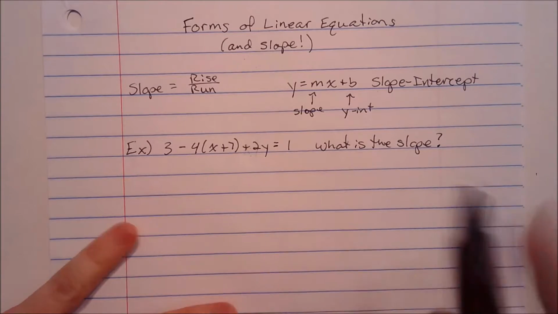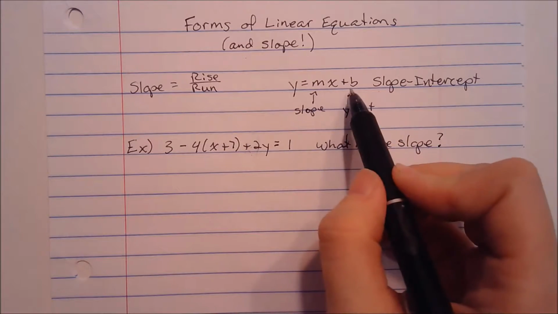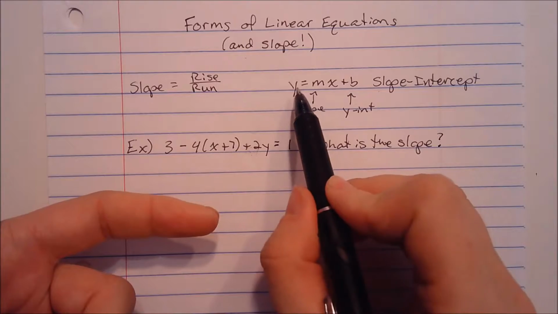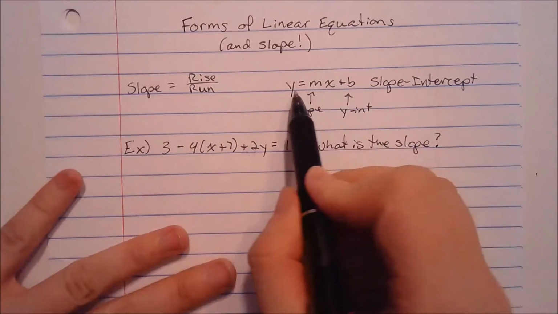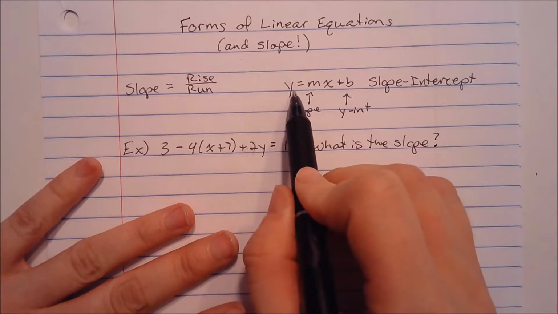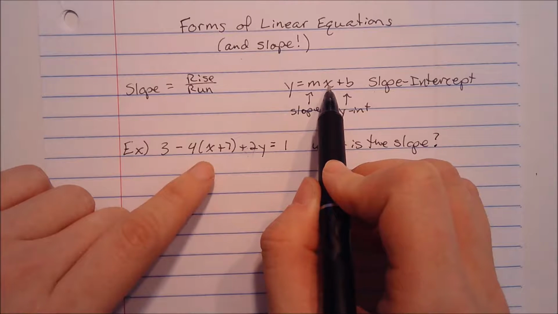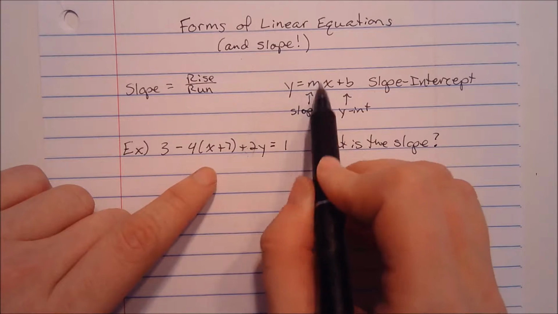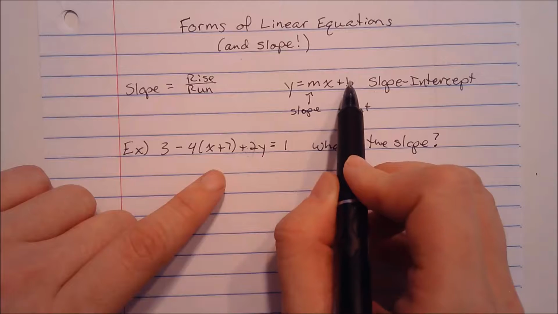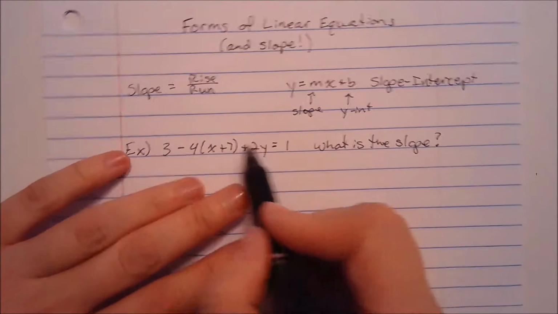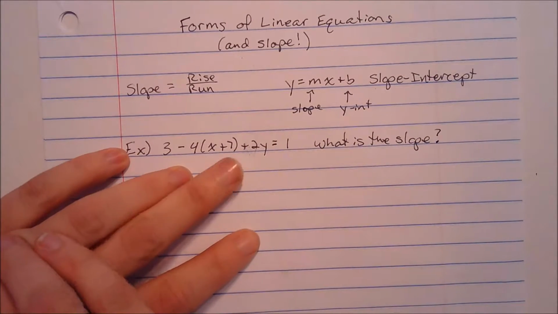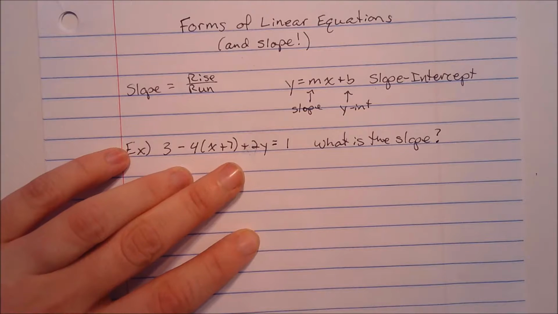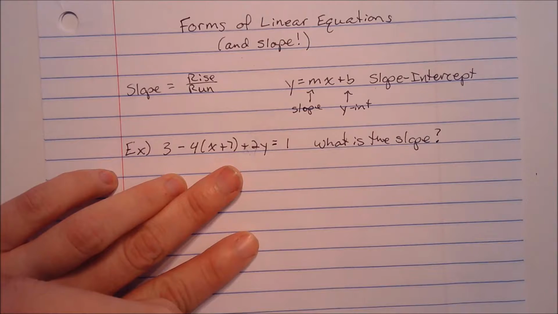So let's try that. What are the features of this? Basically, what's special about slope-intercept is that I've got the y all by itself. I've got only one x. It's got a number in front of it, and then my other constants are all here. So when you look at a mess like this, what I want you to think about is basically simplifying the equation, just like we did a couple weeks ago in class.